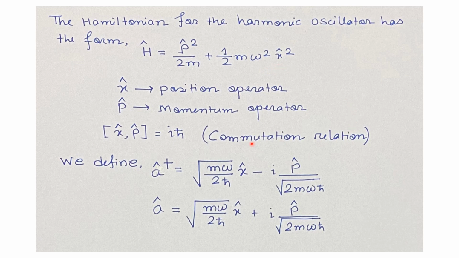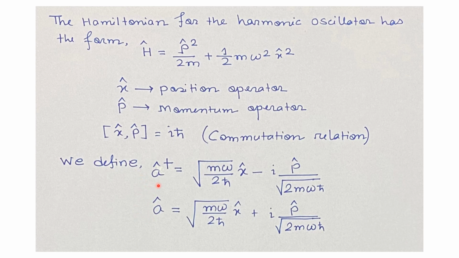Now we know the commutation relation between the position operator x cap and the momentum operator p cap equals i h cut. Here i is root over minus 1 and h cut is the reduced Planck's constant. Now we define two special types of operators, a cap dagger and a cap.